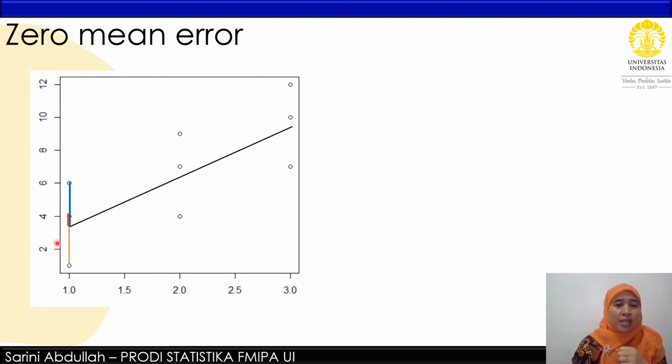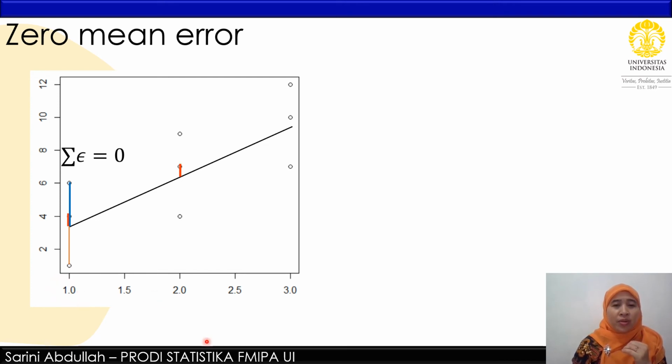Here is a positive error, and over here a negative error. The magnitudes of the positive and negative errors are the same, so the sum of error equals 0, for just this one value of x.